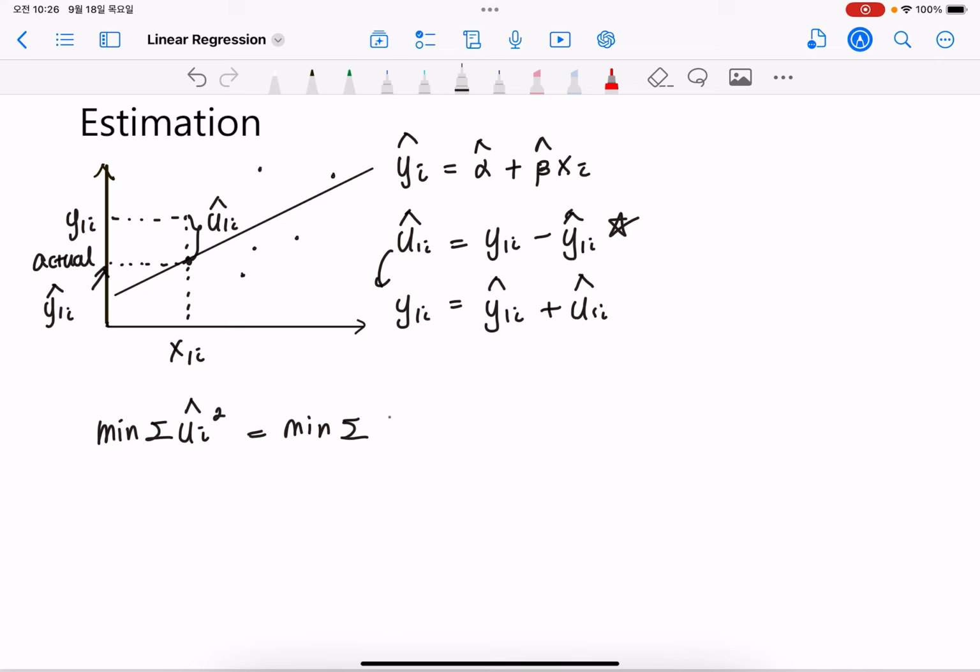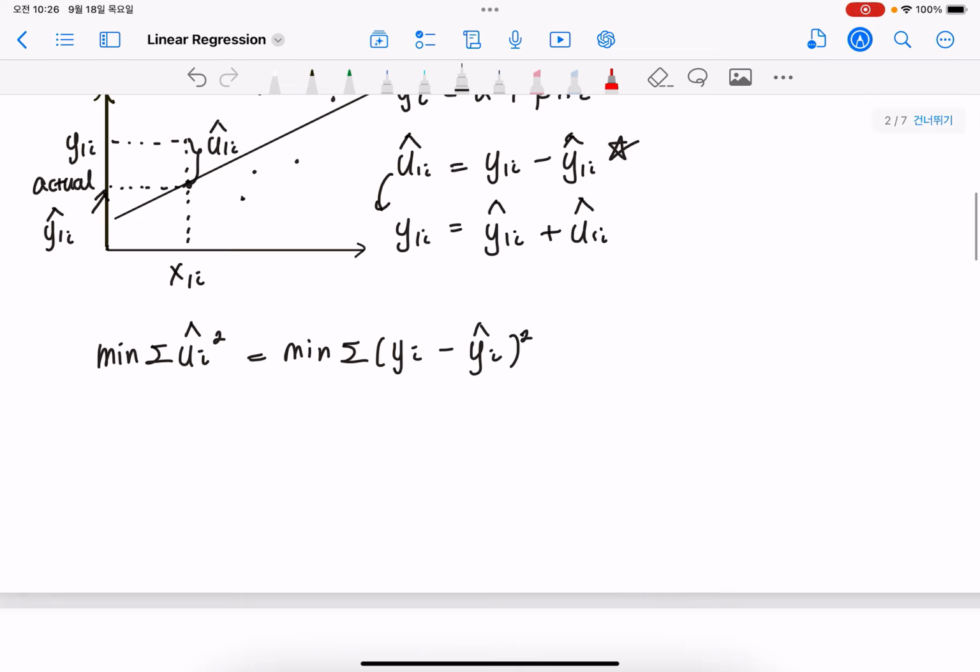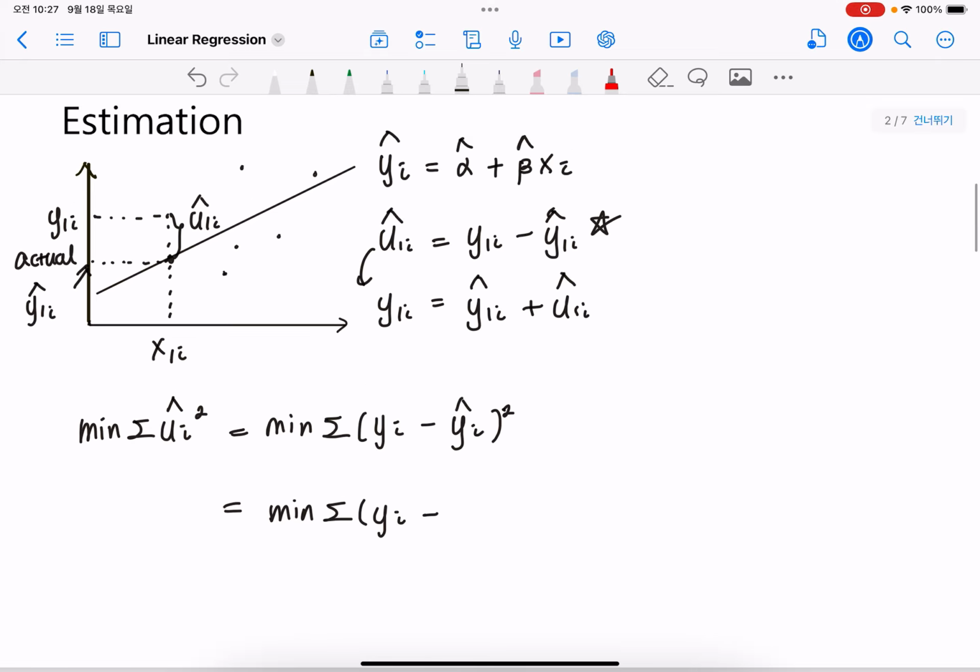So instead of ui hat, let me put the yi minus the yi hat squared, right? This is going to be a minimum. yi minus, now let us plug in this one right here, so yi minus the alpha minus the beta xi, okay?